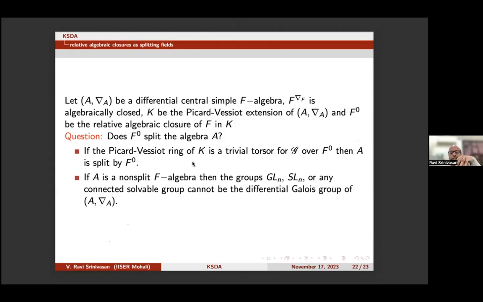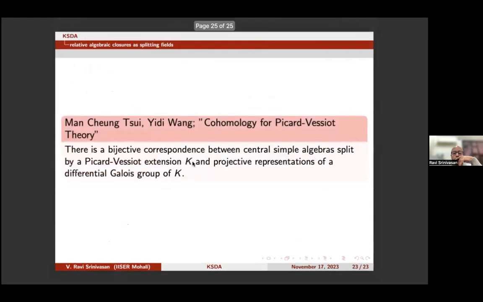For such derivations, the differential Galois group cannot be any of these groups in the non-split case. In other words, only matrix algebras will be split by GL_n, SL_n, and so on. Then I think this is my last slide.